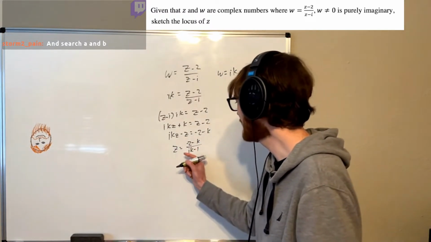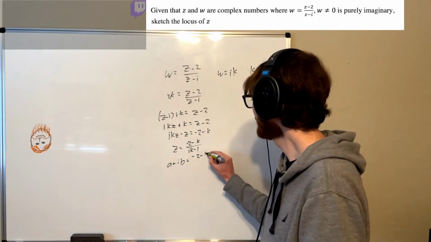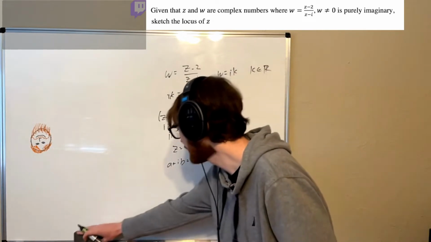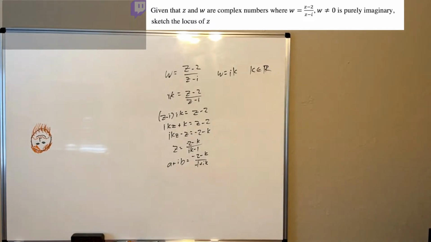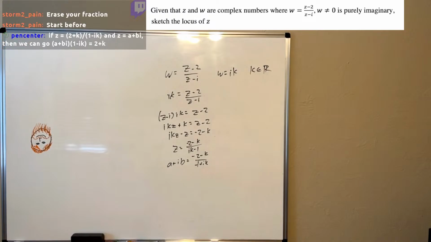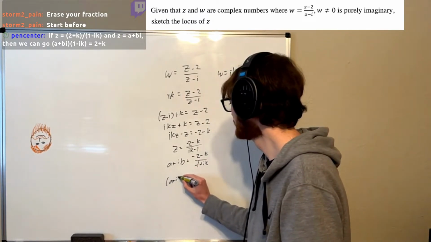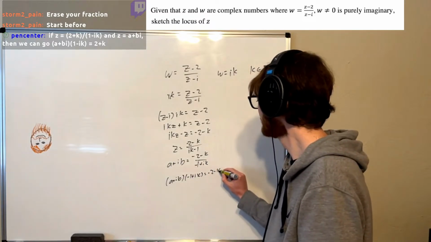So, okay, we're taking z equals a plus ib. Do we multiply by the denominator? I don't know where we go after this. Okay, so we do multiply by the denominator. Okay. Like that?